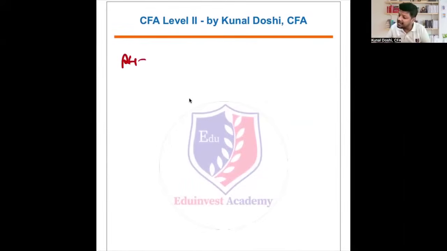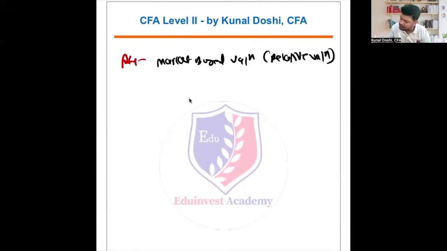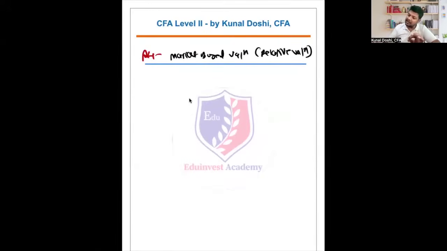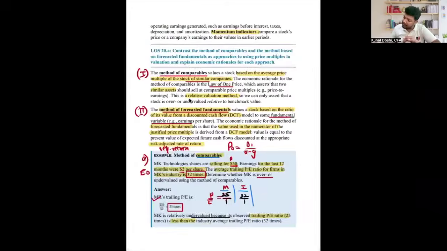This is market based valuation approach, or what I call relative valuation. Here, majorly our focus is going to be PE, price to sales, price to book value, and of course, EV to EBITDA. So this is called the method of comparables.